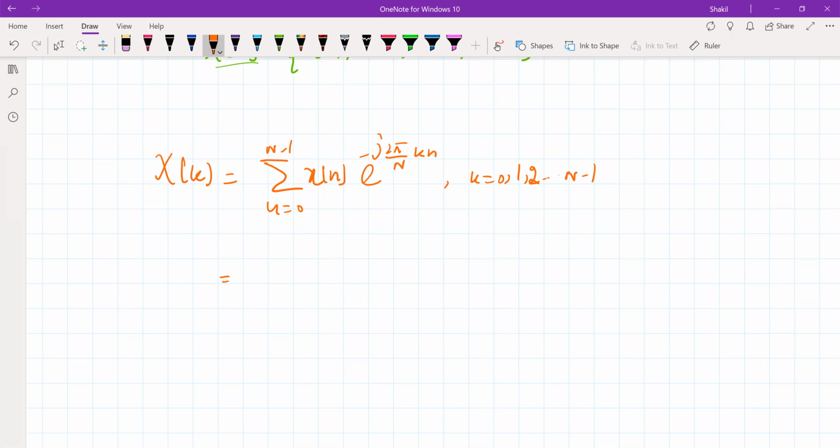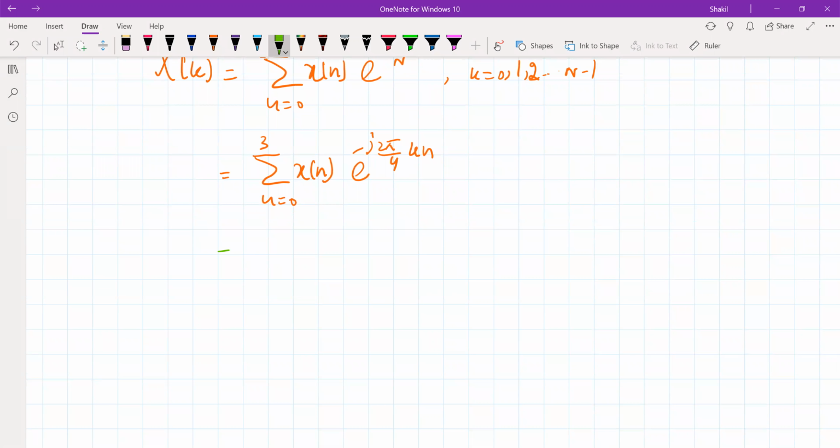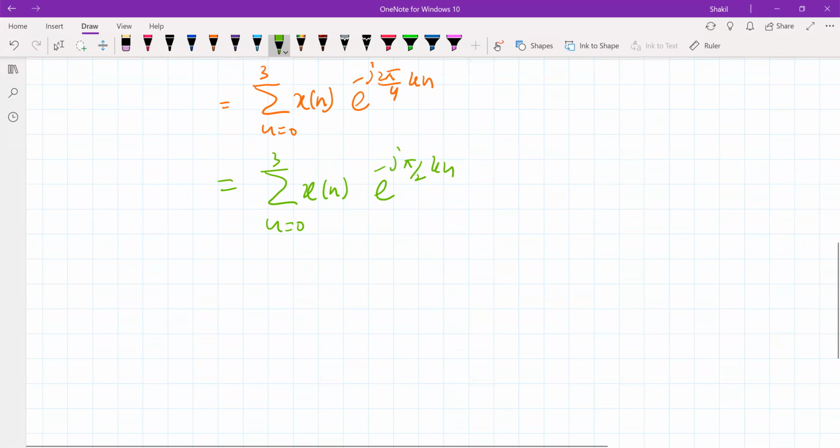We have to compute the 4-point, meaning capital N is equal to 4. So this is sum from 0 to 3 of x of n e to the power of minus j 2 pi by 4 kn. If you simplify this, this will be sum from 0 to 3 of x of n e to the power of minus j pi by 2 kn. And substituting the values of n, we get x of k.